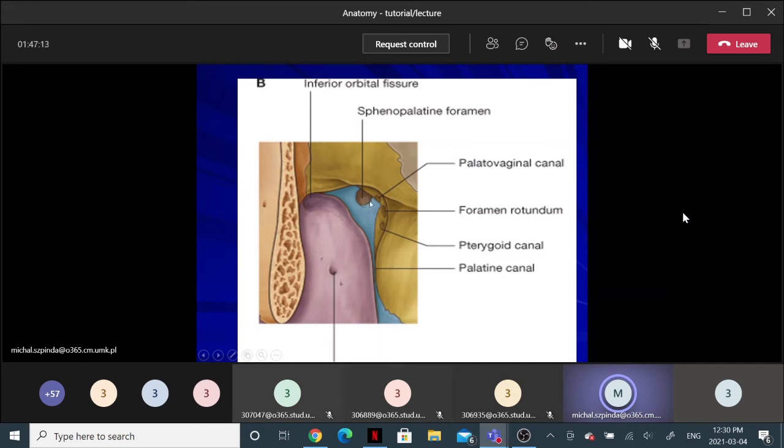Apart from this, on the posterior wall, we can see three different openings.